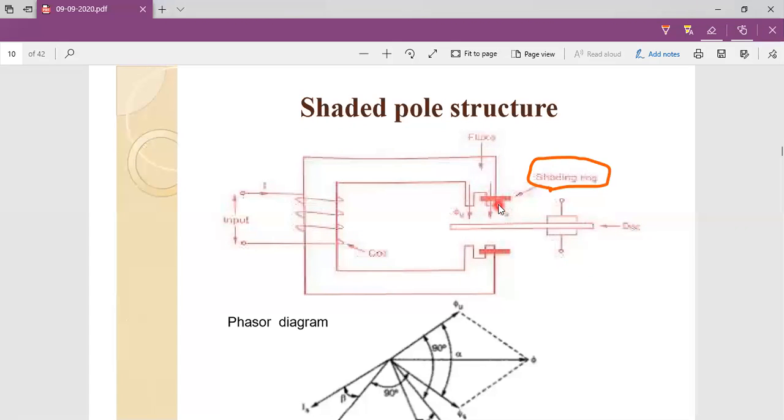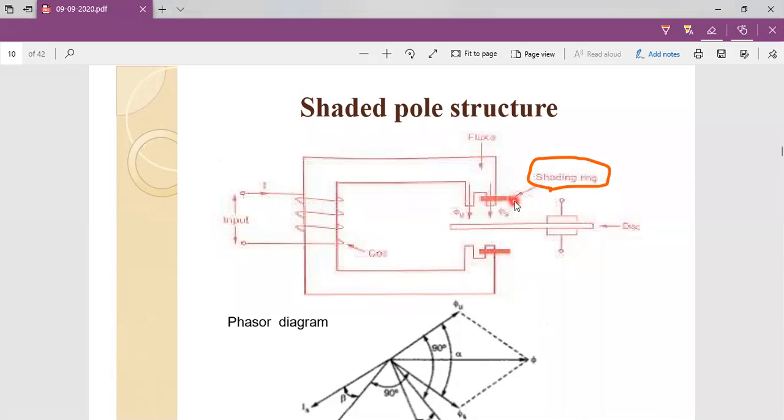One more important thing: the magnitudes at this tip and at this tip are not the same. Phi u and phi s magnitudes are not the same because of the direction of magnetic flux. Here we can see two fluxes at this tip, one because of the copper band and another because of the pole.